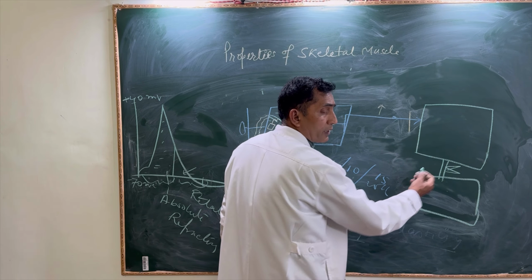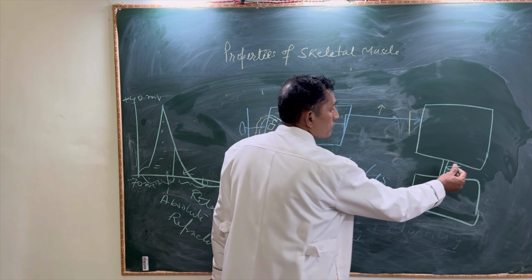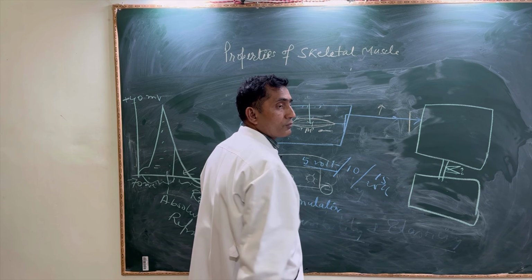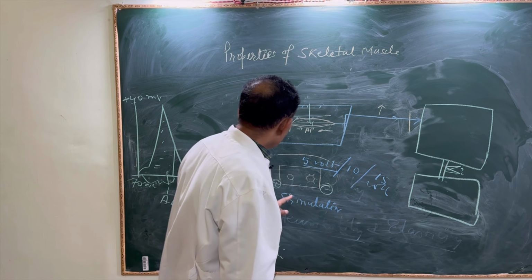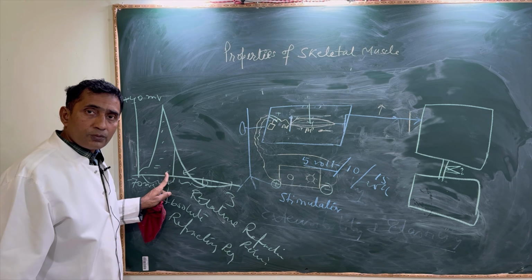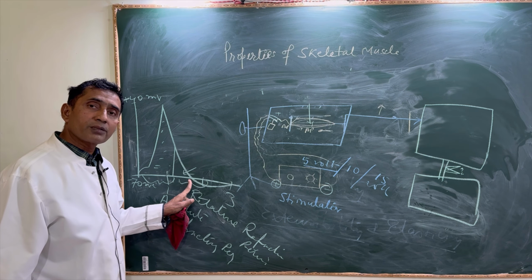Once I have made two, if you just press this, it becomes two. Now what will happen? By adjusting the distance between the two, we can provide the second stimulus during the absolute refractory period, or in the relative refractory period.